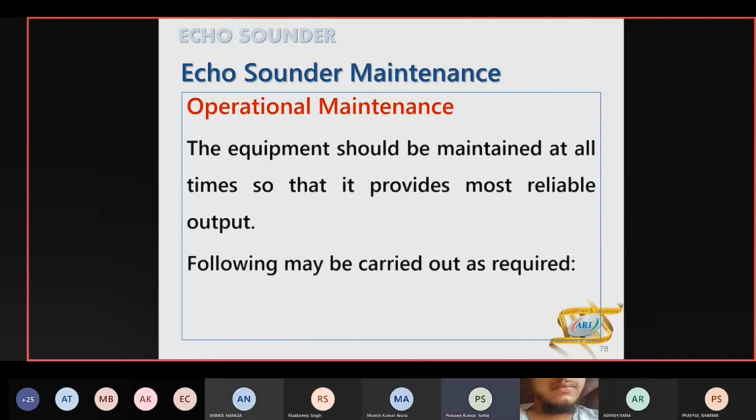Maintenance of the echo sounder. When it is in operation, you have to maintain it, especially the electromechanical type. Electronics वाले में तो कुछ ज्यादा नहीं करना होता है, because everything is electronic, सारा signal processing से ही होता है. But in the electromechanical system, where there are motors, there is belt, there is stylus, the recording happening due to heat transfer.